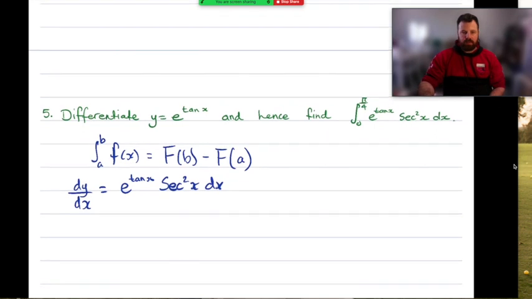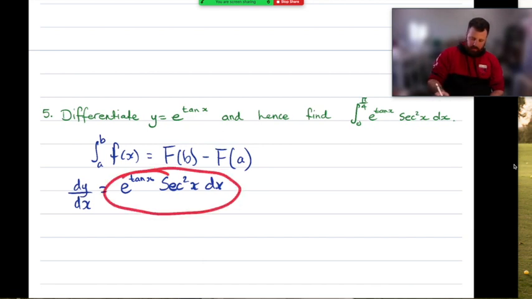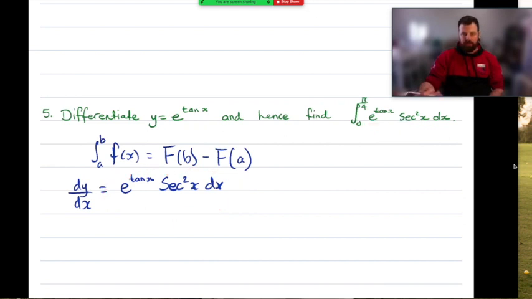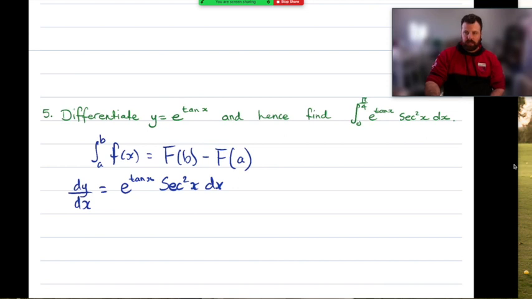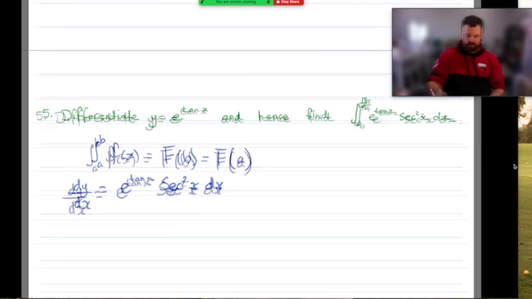And when we look at this integral now, the derivative that we found is identical to the integral that we've been asked to evaluate. So we know the primitive is in the form of e to the power of tan of x.